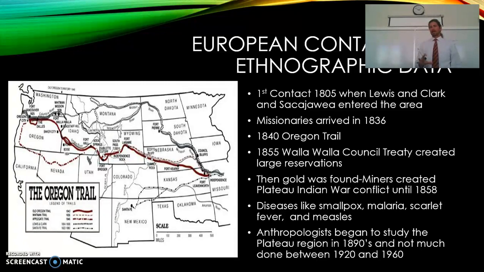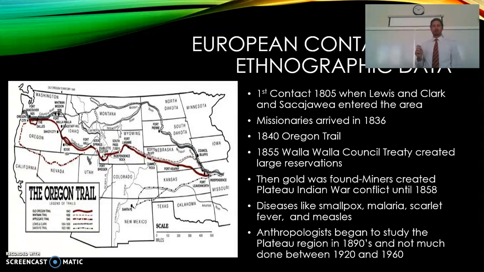Similar things happen in California during the gold rush as well. 1849, again, we're seeing gold, Colorado, same kind of thing. We see gold being found and ultimately treaties being torn up or ignored, and then massive changes within these native groups.